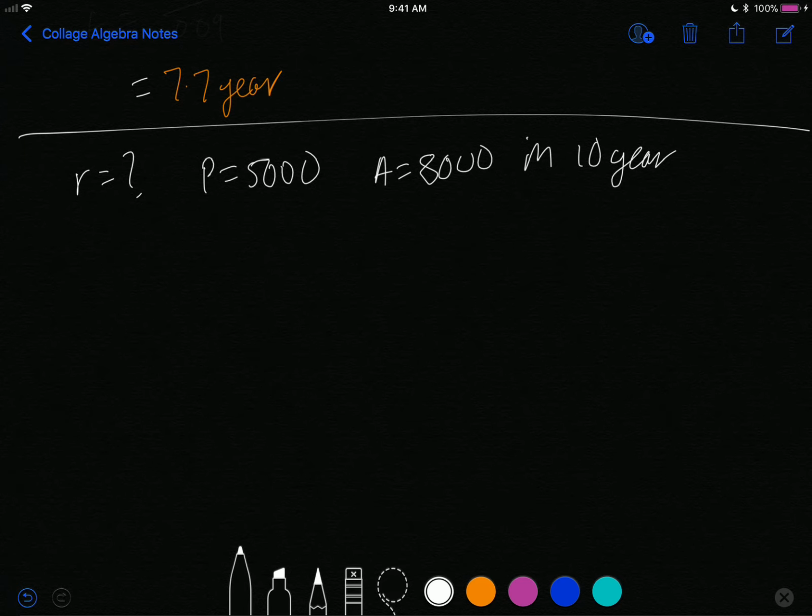Let's say you try and buy a car and you know that a few years down the line you want to spend $8,000 on that car. All you have right now is $5,000. I'm willing to wait because I already have a car right now, and this is going to be my car buying money. So, well, how do I need to invest my money? Where do I need to put my money to get there? And we're going to have continuous compounding right here.